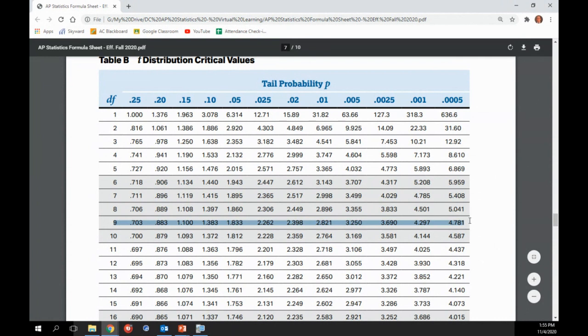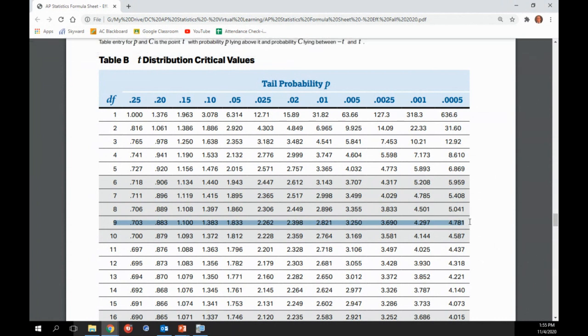This is the row I only want to look at. Now, I want to try to find the value that's closest to my test statistic. So which one of these values in this row is closest to my test statistic?